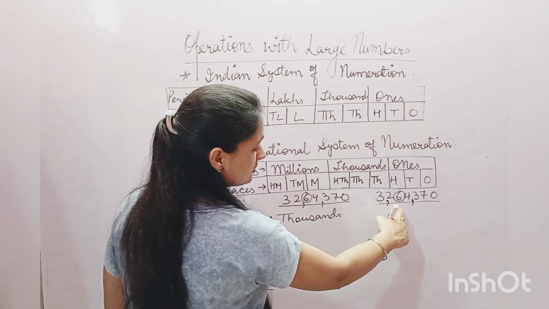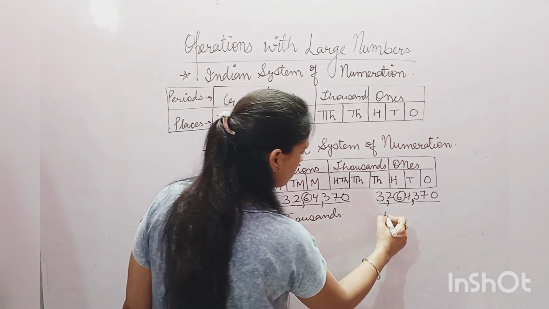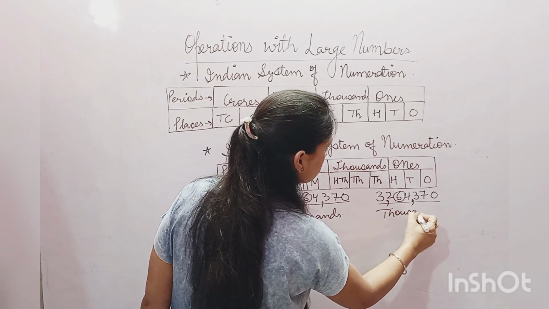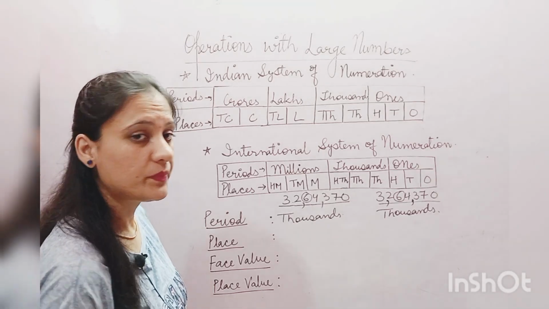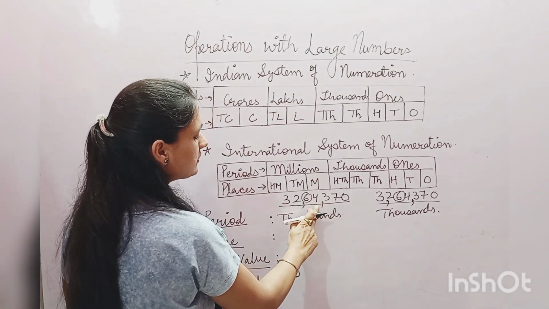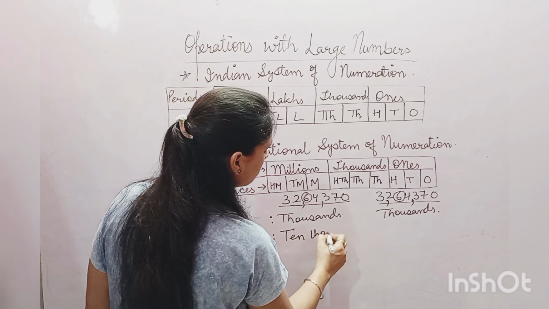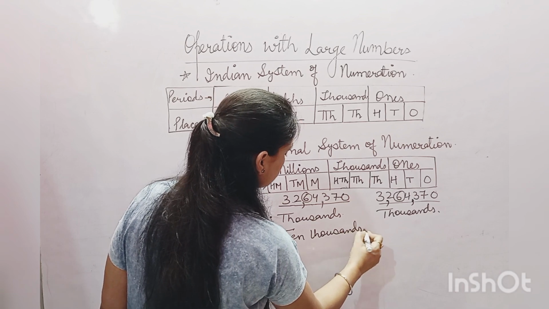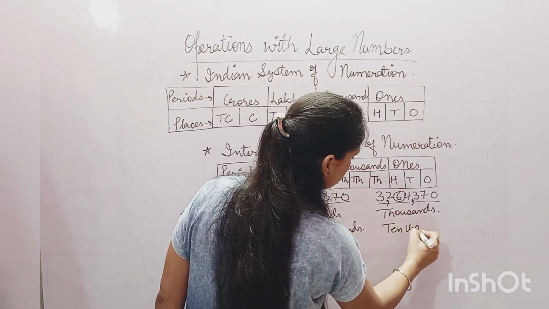And here also this is again in thousand period only, because this is ones and thousand period. So the periods are same here. Now they ask you what is the place. So place is, these are the places. So let's see, ones, tens, 100, 1000, 10,000. So what is the place? Place is 10,000. Here we see the place, again it is same, that is 10,000.